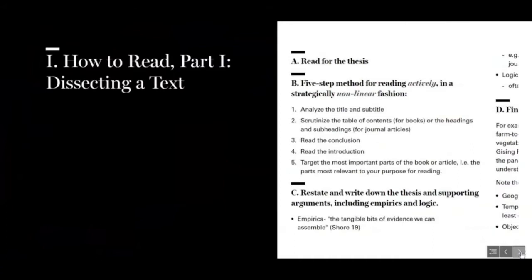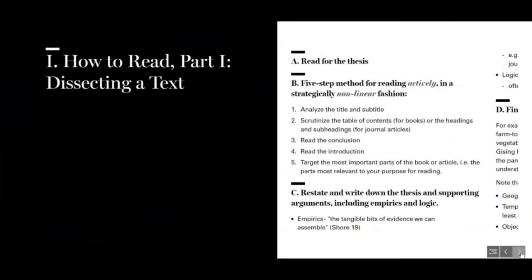So when I say the most important parts, I mean the parts that are most relevant to your purpose for reading a particular work. So let's say you just want to look for specific information about the history of land reform in the Philippines after the post-Marcos conversion of arable land into non-arable land.